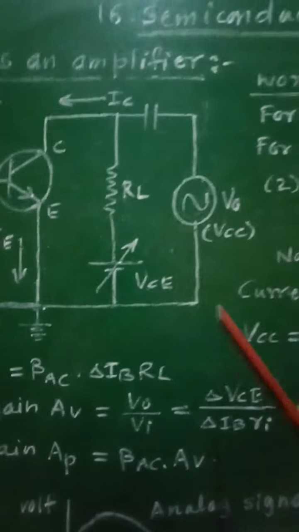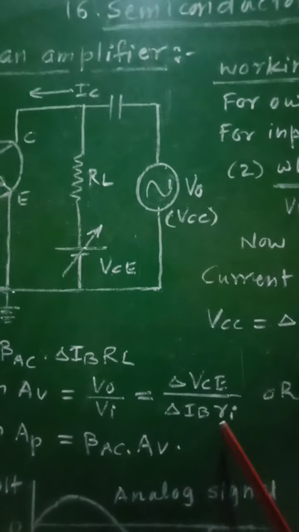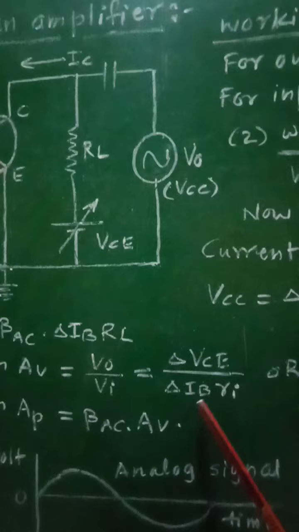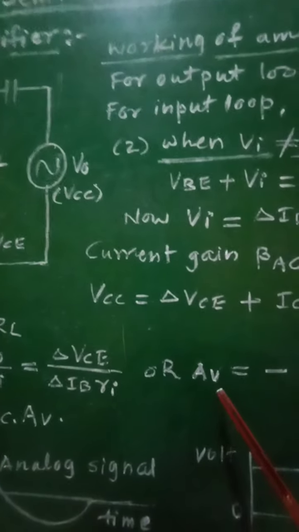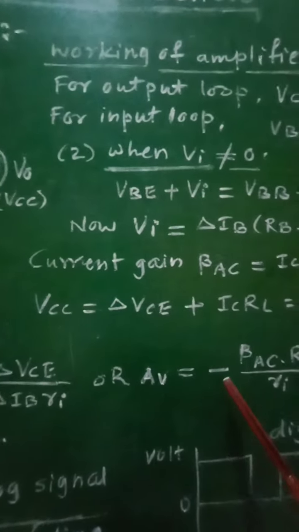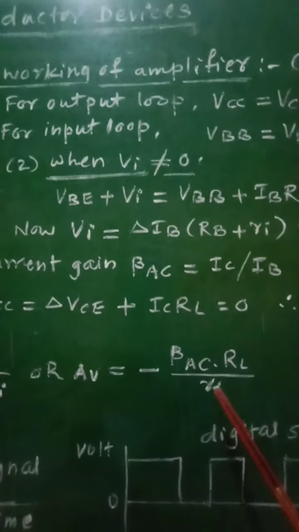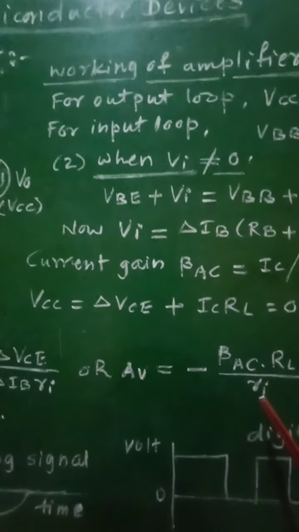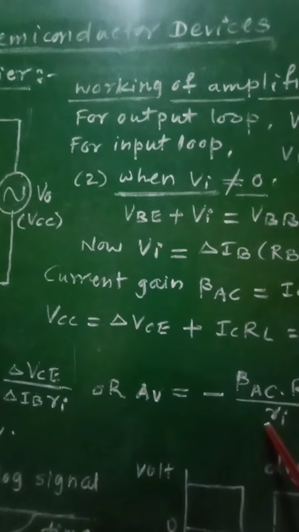That will be equal to delta Vce divided by delta IB into Ri. Or we can also write this voltage gain Av is equal to minus beta AC RL upon Ri. This equation we will get for the voltage gain.